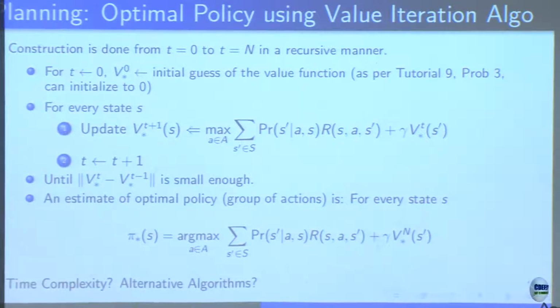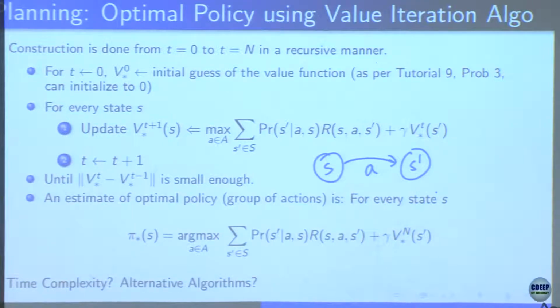So here you have the t plus 1th estimate and you go from S to S prime using action A, and across all such S primes you take the previous iterate Vt and compute the V star t plus 1. This is basically the process.